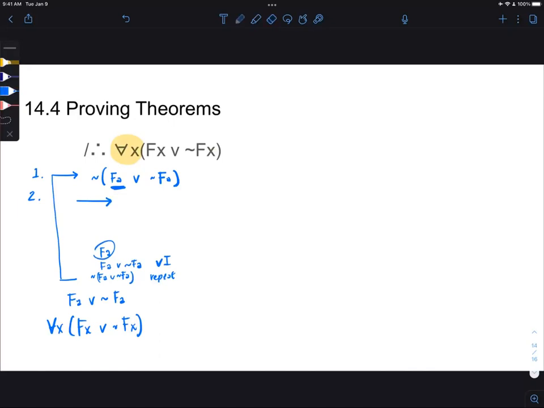So I'm going to make my assumption for indirect proof the negation of what I want, which is not FA. And I know that I have to end this with 2 contradictory statements. It's basically going to be the same strategy from not FA, which is just an assumption, which now using proof checker rules, I don't have to justify.